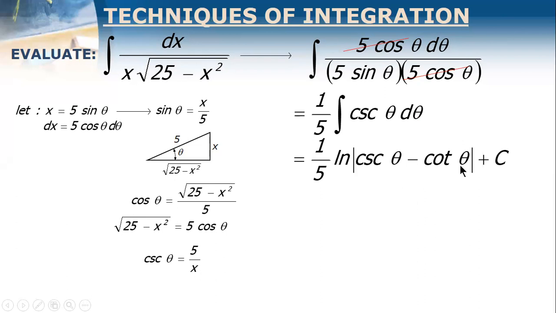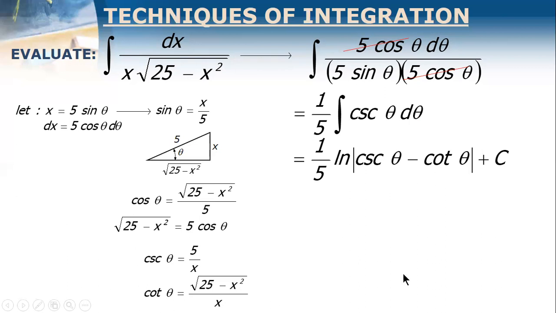While cotangent, being the reciprocal of tangent, is equal to adjacent over opposite, because tangent is opposite over adjacent. So cotangent theta is square root of 25 minus x squared all over x.